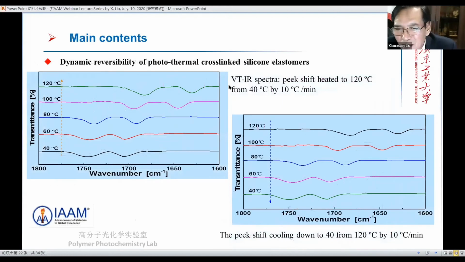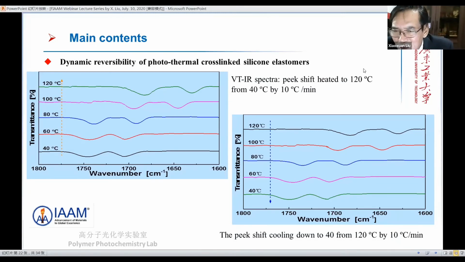So this is the variable temperature FTIR spectroscopy, and we use 120 degrees centigrade. From 30 degrees centigrade increased to 120 degrees, the special peaks shift.